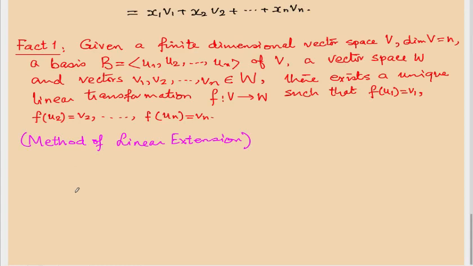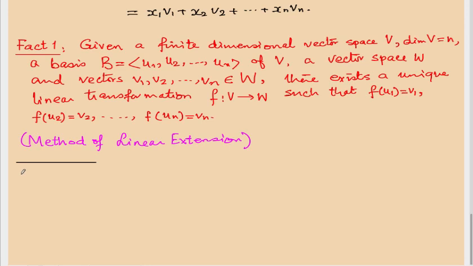So now let us see some application of this. Suppose we start off with a vector space V. It is finite dimensional. So we must have every subspace of V to be finite dimensional.